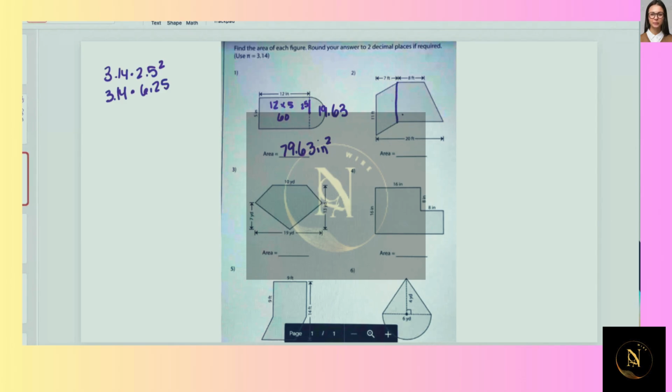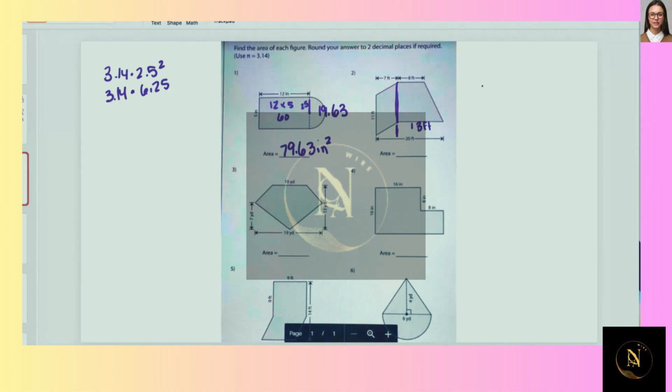So let's see. The next one is this shape. So we have a parallelogram, and then we have a trapezoid. Okay. So for the trapezoid, if here to here is 7 feet, then from here to here is 13 feet, and the height is 11 feet.